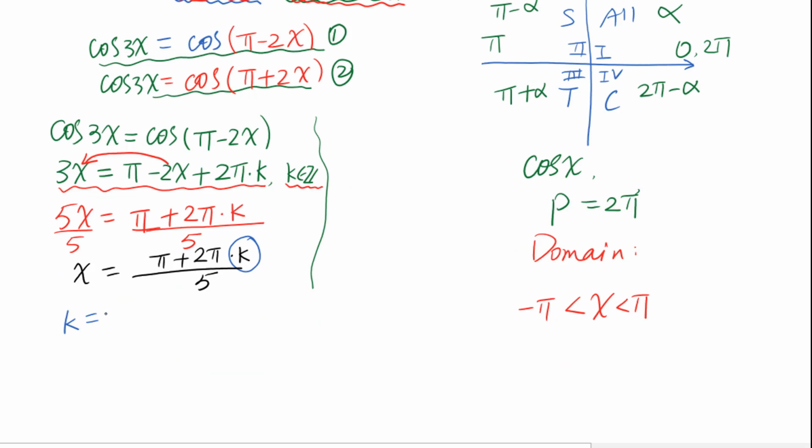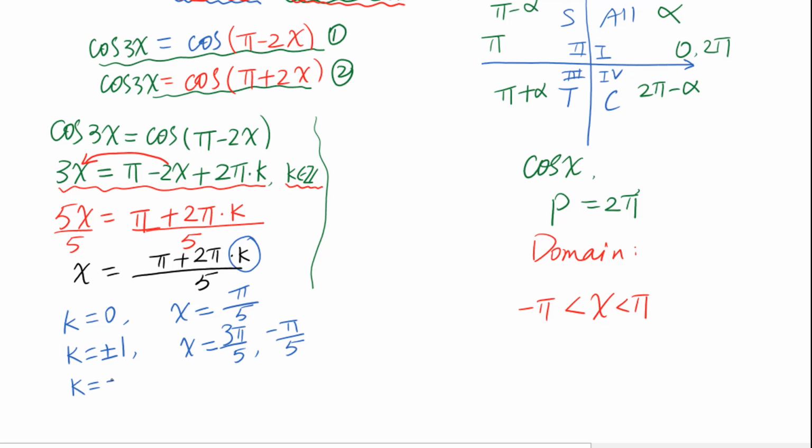When k equals 0, x equals pi over 5. When k equals positive or negative 1, for positive 1, we get 3 pi over 5. Negative 1, we get negative pi over 5.